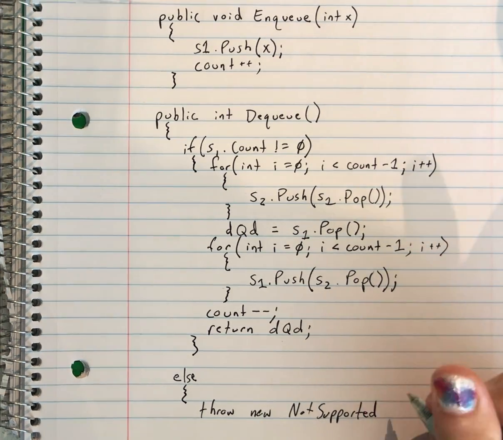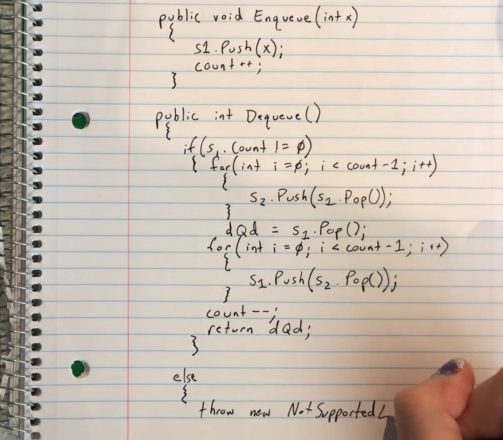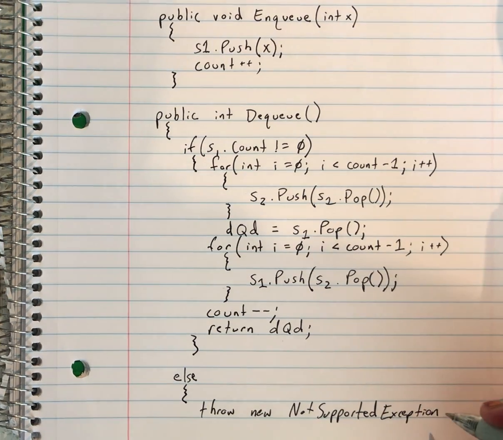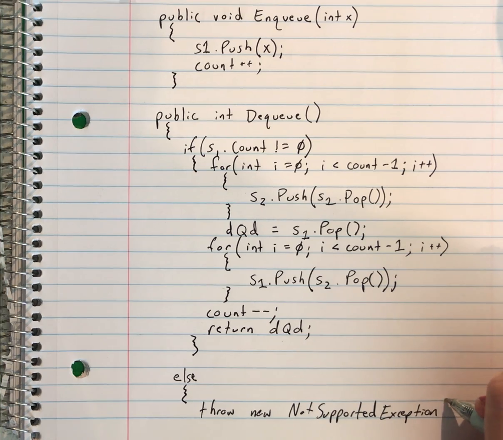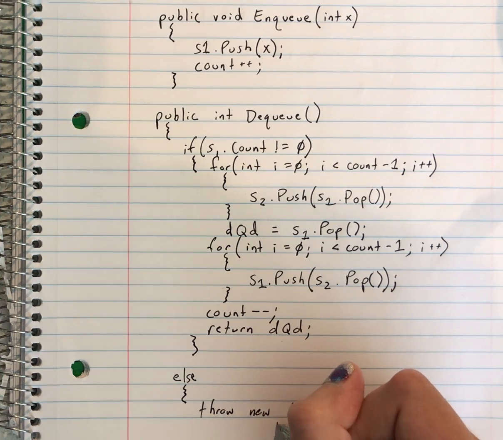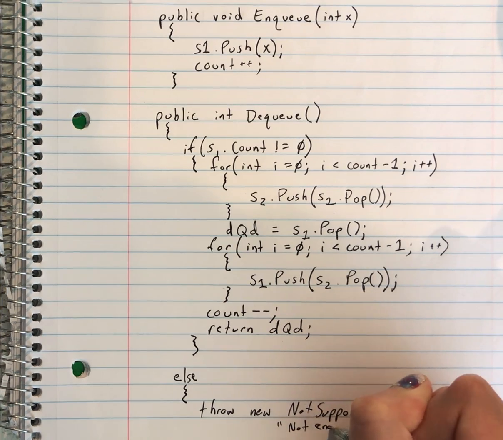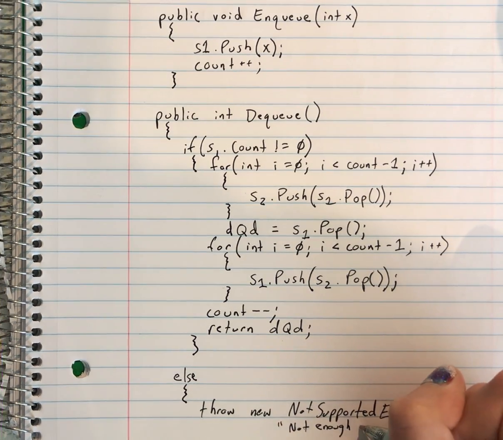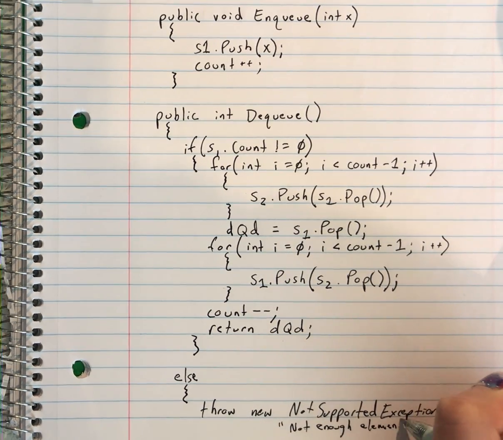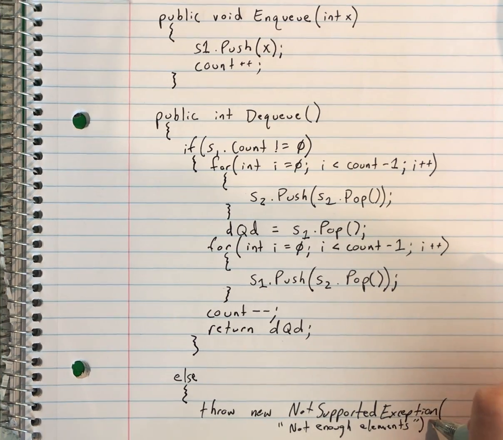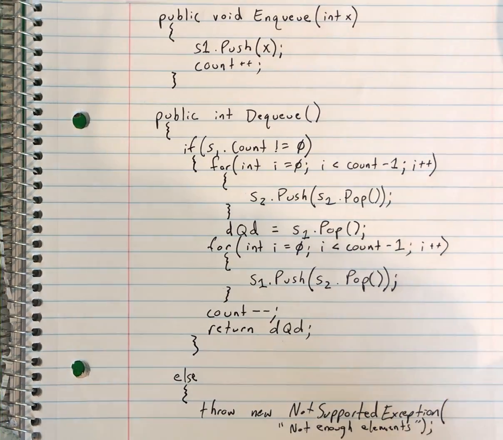So we'll throw this not supported exception and give the user a little bit more info. Not enough elements. And end that.